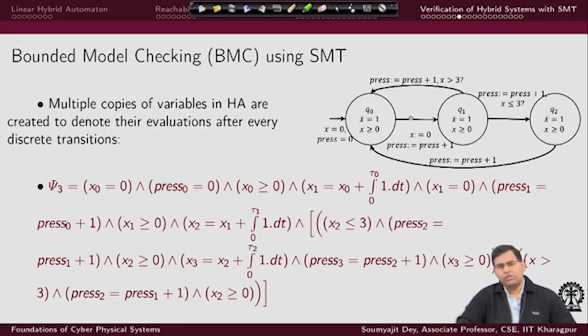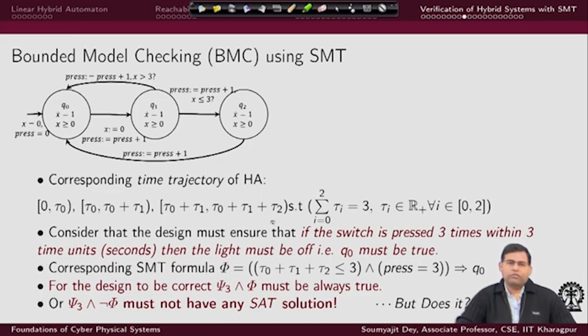So what I am really checking is whether, inside all these evolutions, I always have the case that with 3 such transitions, I am going to land up here with 3 press events happening. That means whether for all possible such evolutions which satisfy this requirement, these things together are going to hold. Now, how do I check this?